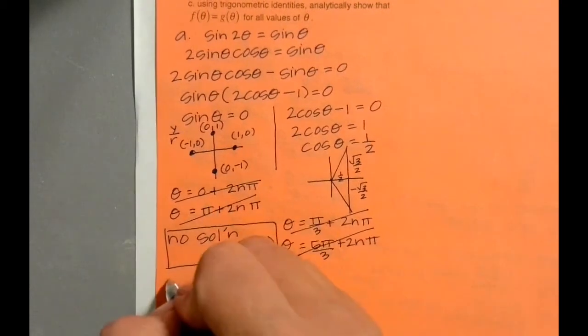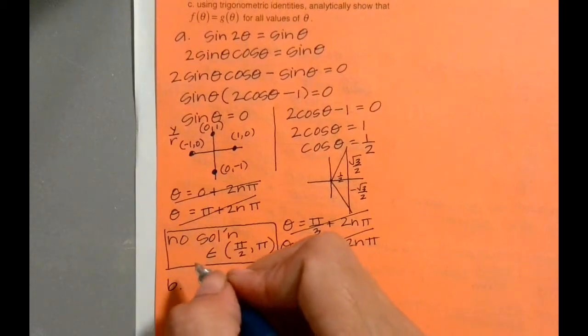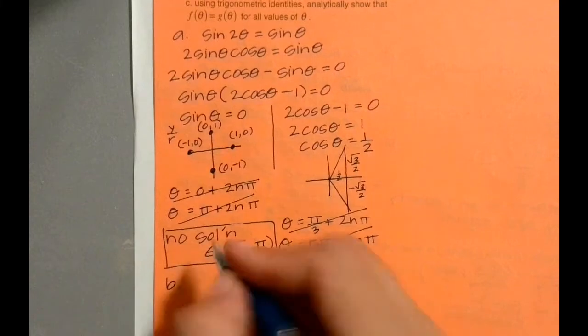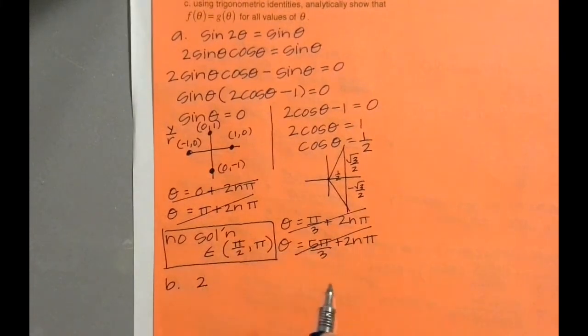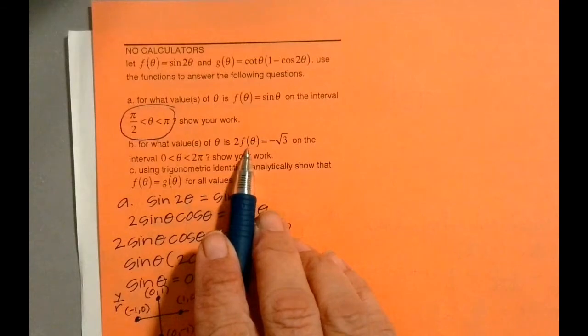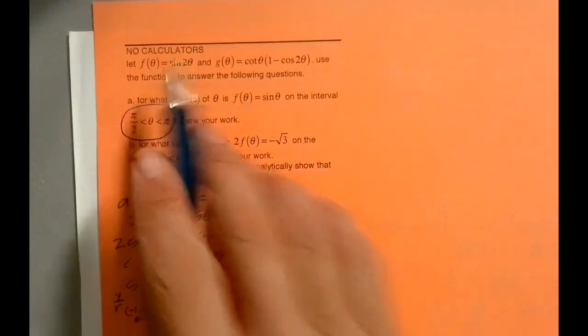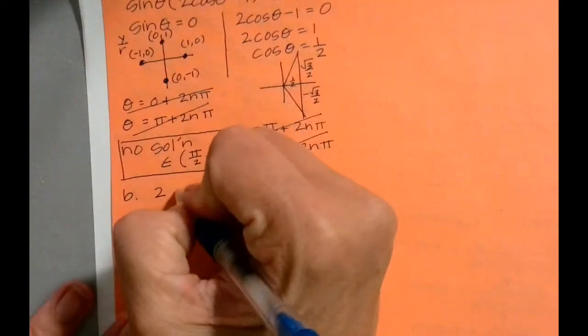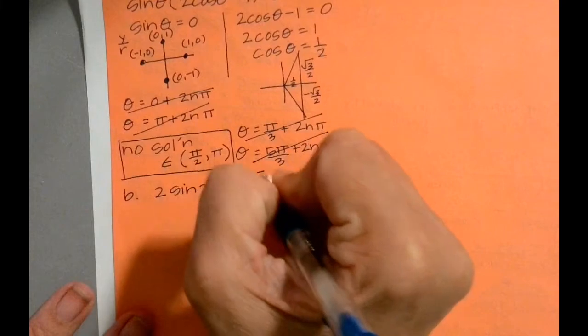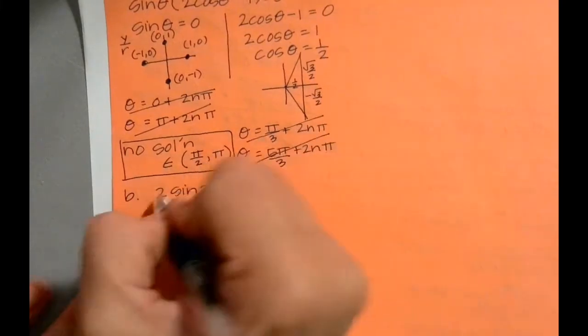Okay, for part B, it says on what values of theta is 2 times f of theta equal to negative root 3 on the interval from 0 to 2 pi. So 2 times f of theta, so instead of writing f of theta, we're going to write sine 2 theta because that's what f of theta equals. Isolate this.